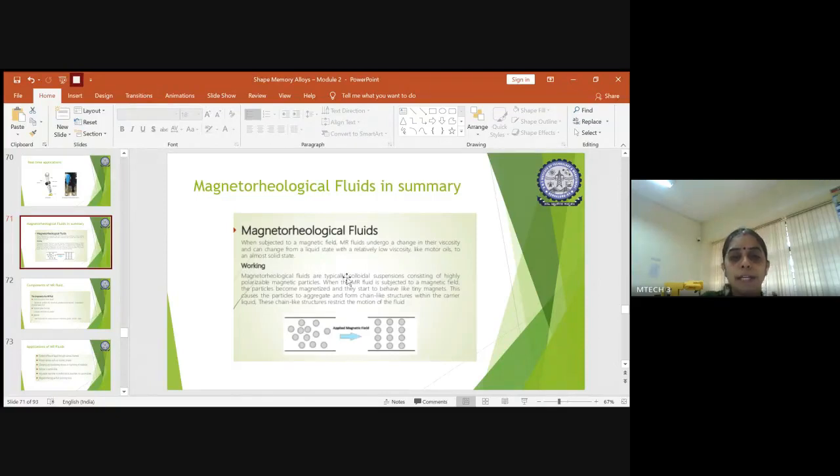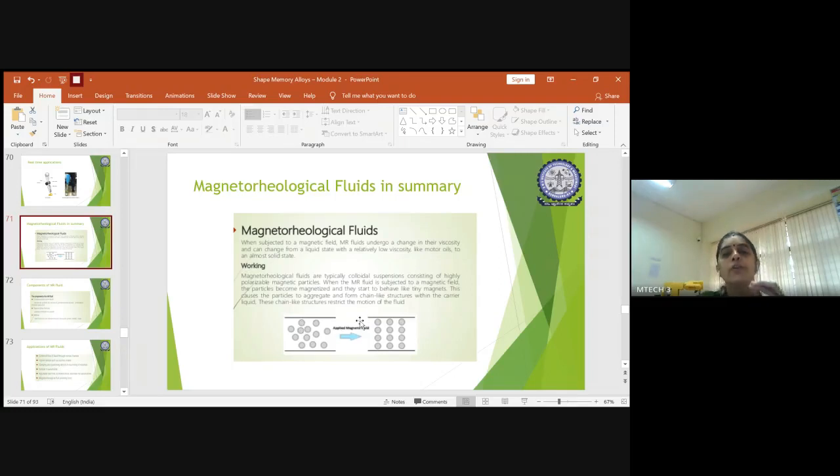See, so this is magnetorheological fluid. These are the iron particles which will be random. When you apply the magnetic field, the north pole will attract the south pole, the south pole will attract the north pole. Like this, it gets attracted and the structure will be formed, and you'll have a uniform gap in between when you have mixed the particle and the fluid in the combination of 70:30.